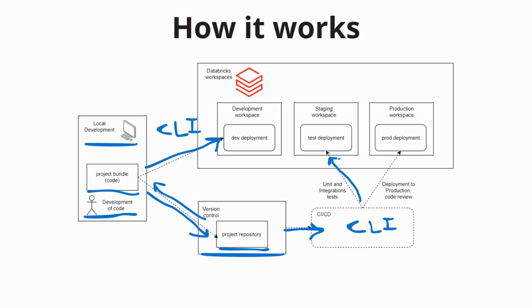So this can be triggered from, for instance, GitHub Actions. And there you can see if your code is actually able to run on the staging workspace. Once that finishes and succeeds completely, then you can have another pipeline that pushes your code to the production environment, again using another CI/CD pipeline.